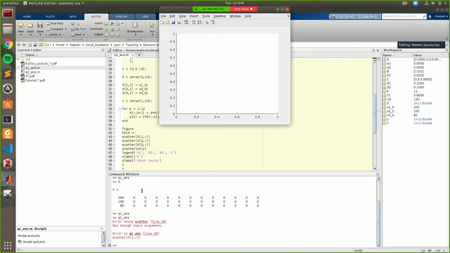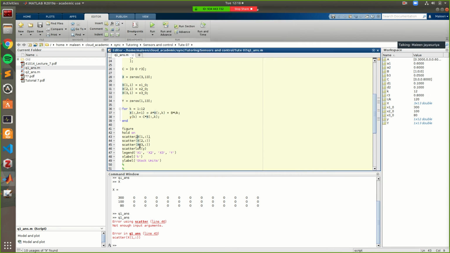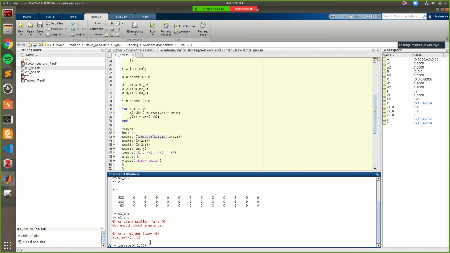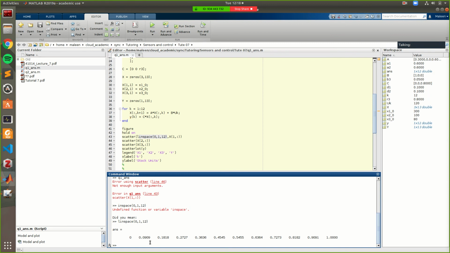What went wrong there? All right, so a scatter plot needs 2 components. So I'm just going to add one, sorry, 0, 1, 12. Let me just double check. Yeah, sorry. So how you do it is you put 12 here and 1 here.